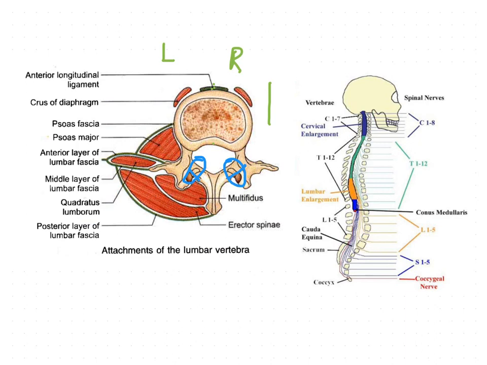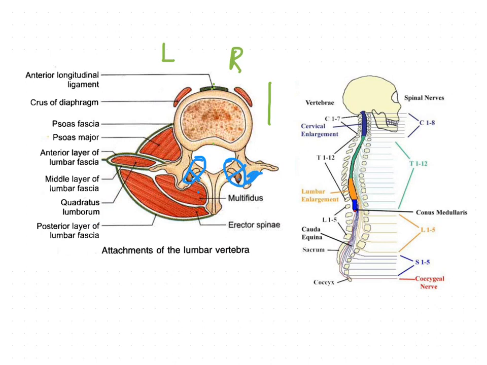And the mammillary process gives attachment to the multifidus muscle and also the medial intertransverse muscles. Here is the accessory process, and this accessory process gives attachment to the medial intertransverse muscle.